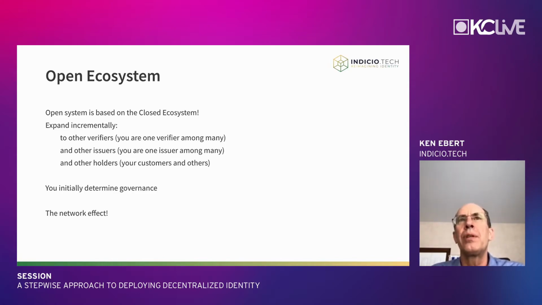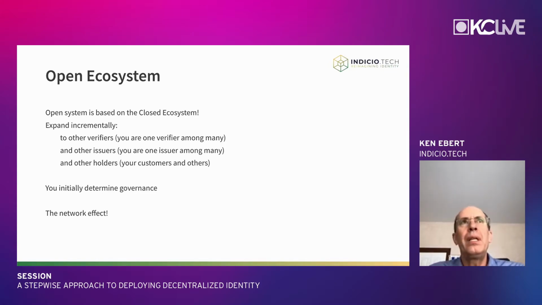There's more credentials to be held and to be presented and verified and used. You may determine that you want to expand your base of holders. You may start with a small set, a subset of your customers or employees, and then expand the group after you've proven the technology and after you've had some experience.